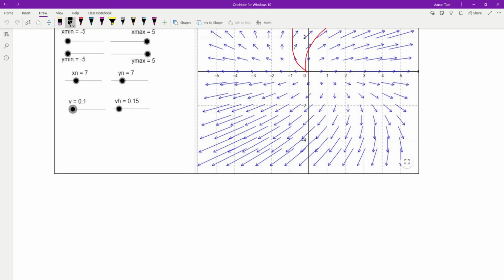So let's try to write down what it means, or what is the curl of a vector field.